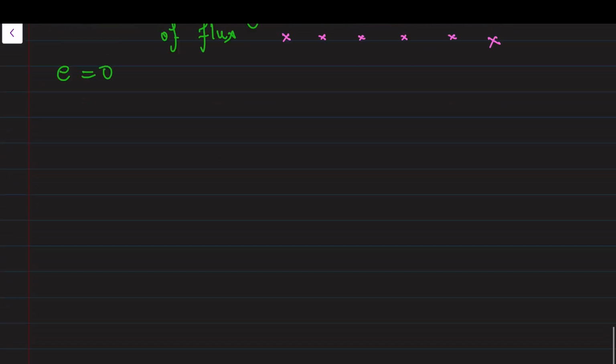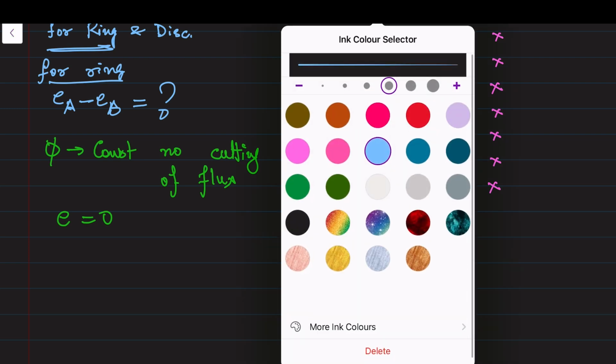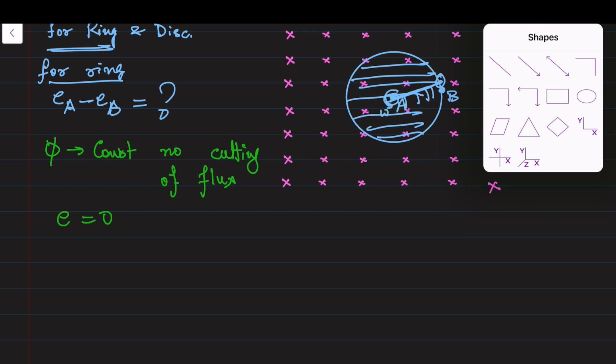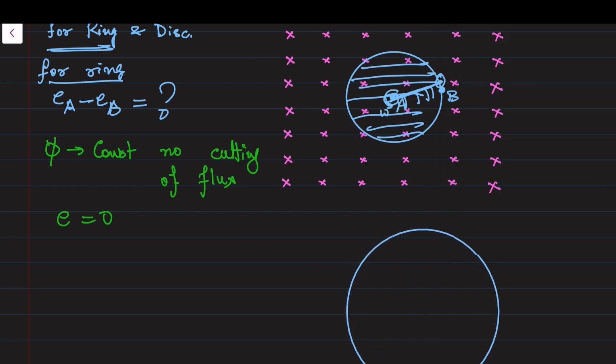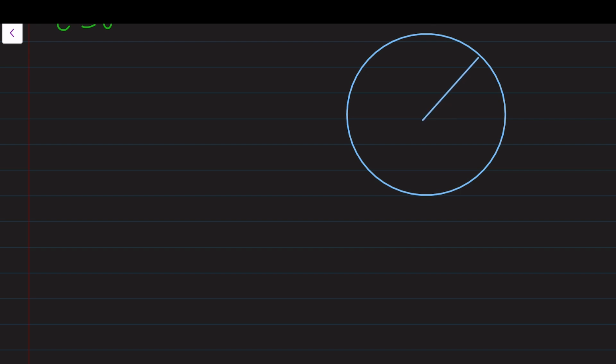You see, let us take this is the disc. Now this disc is consisting of some material like this. You can say some rods whose thickness are varying like this.